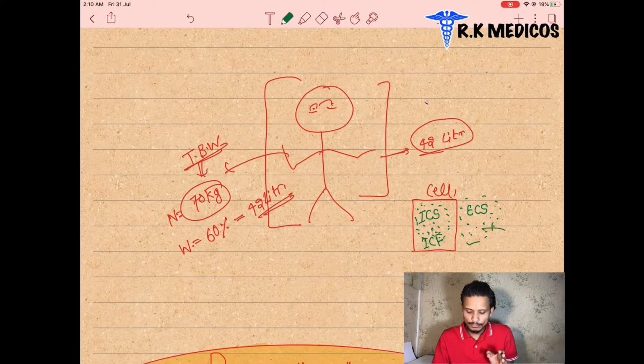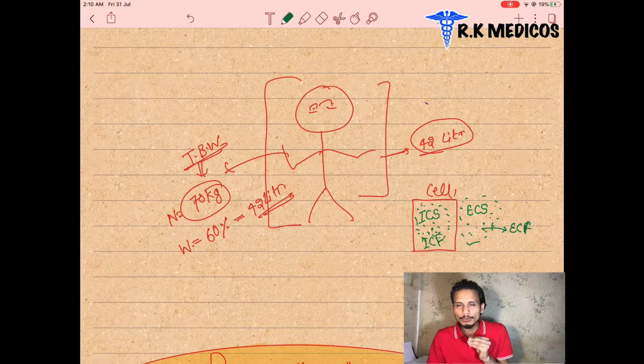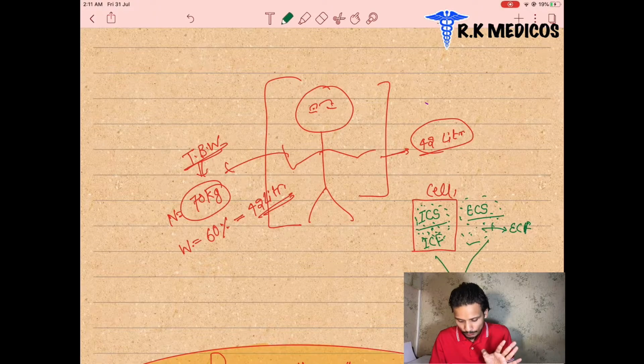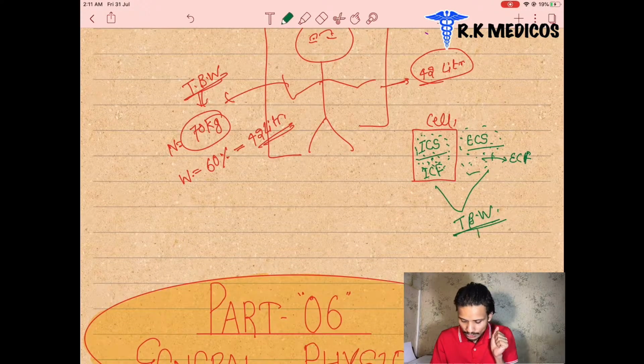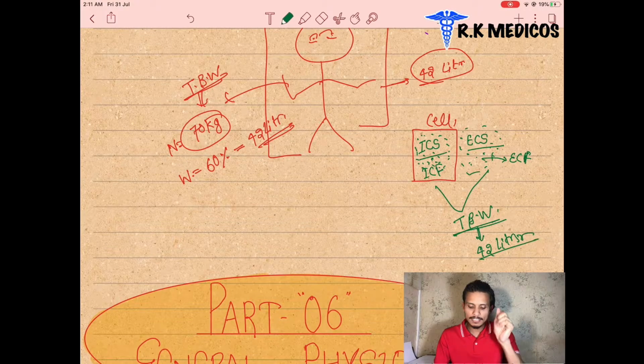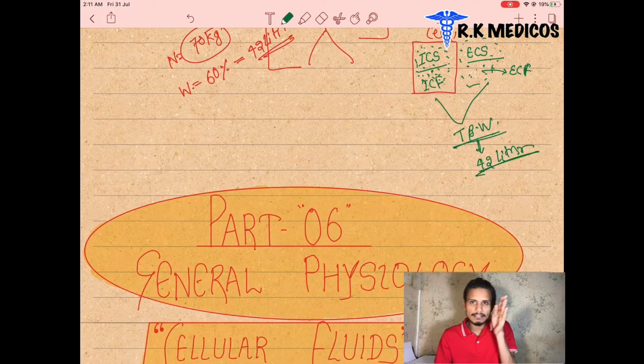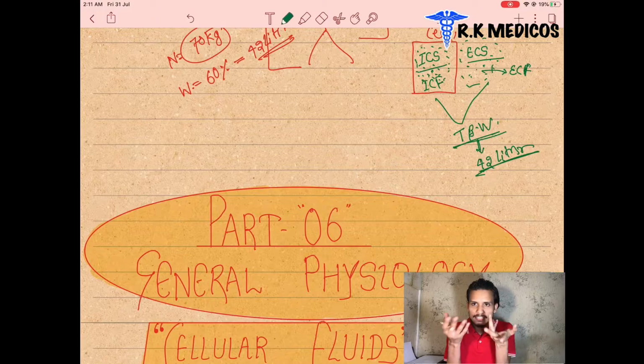I already told you the total body water is 42 liters. The extracellular and intracellular fluids combined are called total body water.